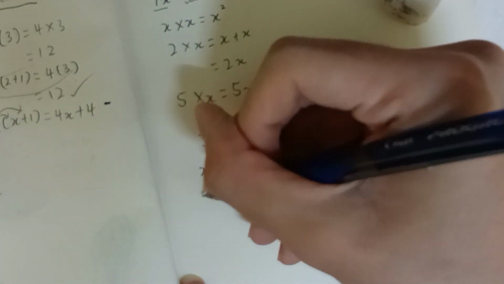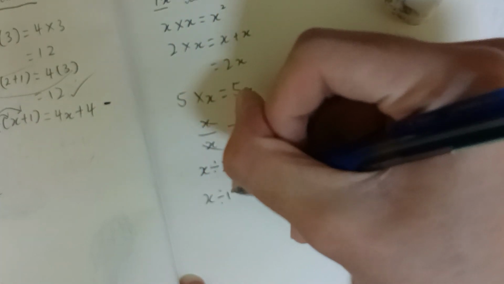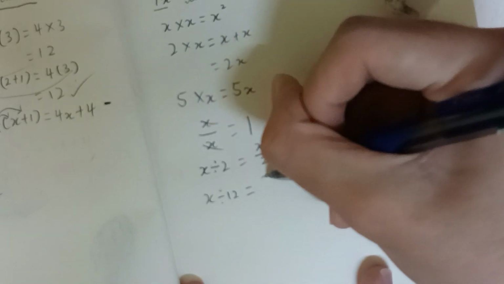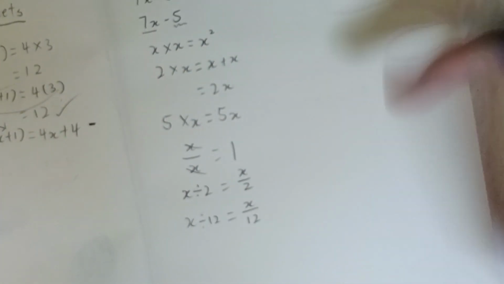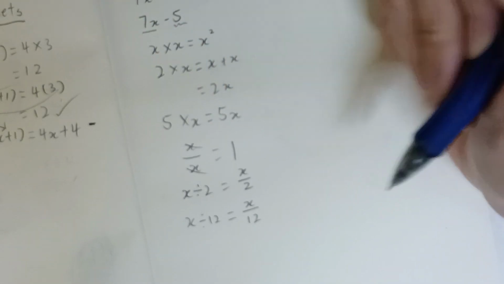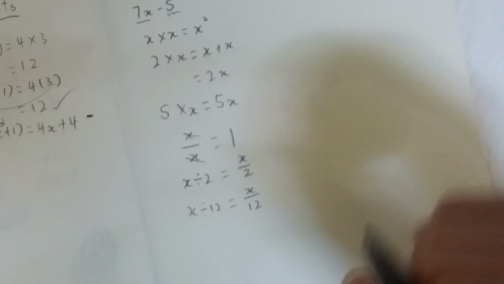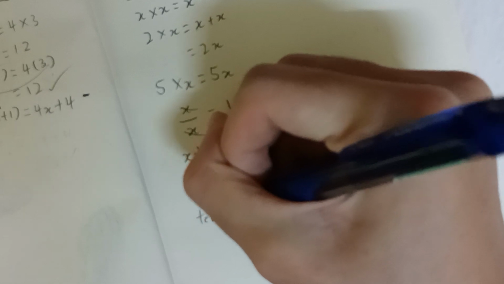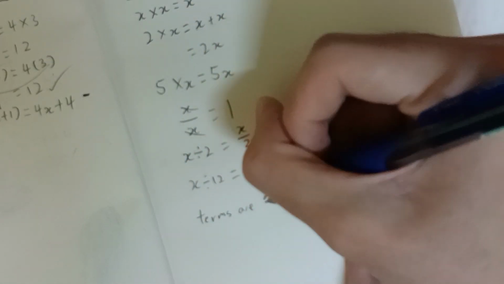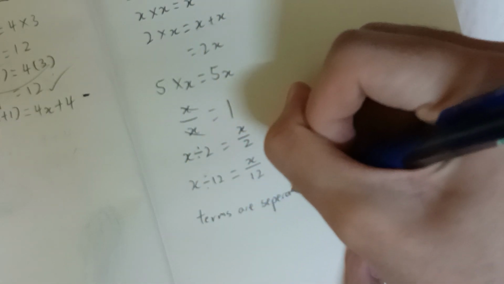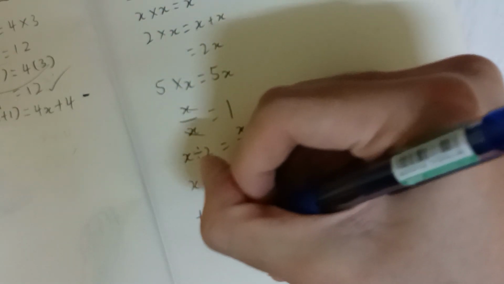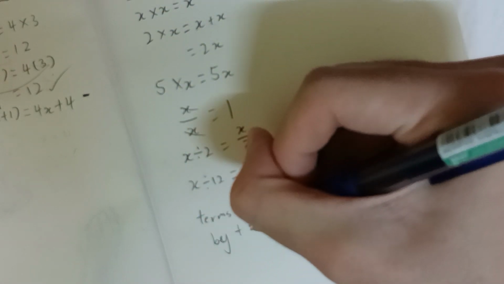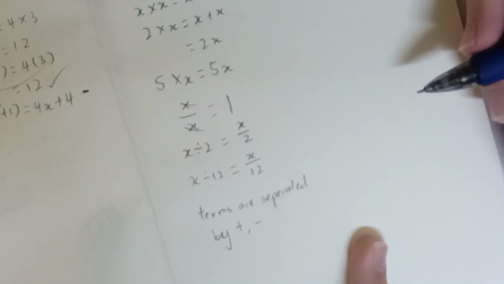Any division, whether it's 12, 2, or 5, put it as a fraction. The reason why, and it's the same for multiplication, is, remember how our terms are separated. Terms are separated by plus and minus.